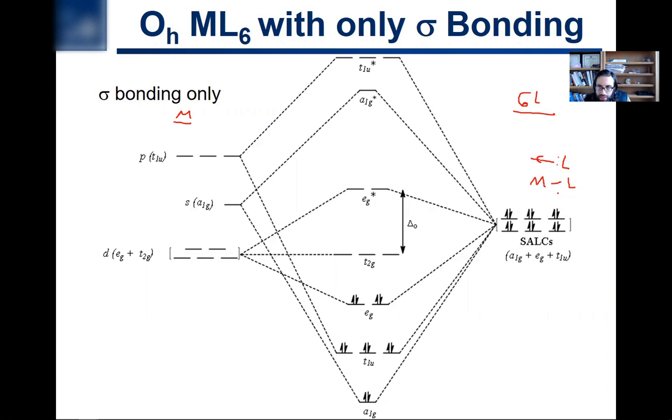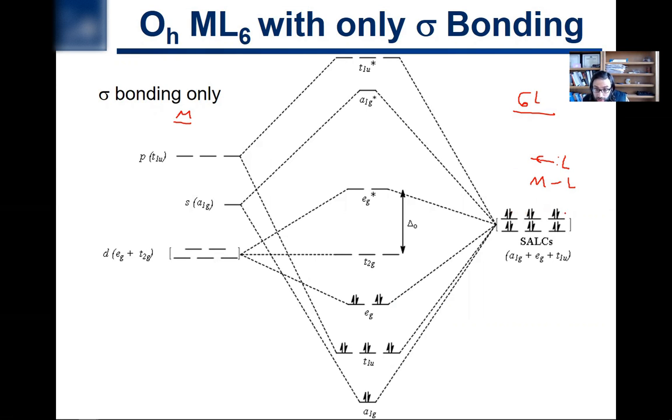So that's what I mean by a sigma bond. Remember, we define a sigma bond as meaning one set of lobes on each atom overlapping, and that still applies here, but in a very simplistic way, you can think about it as just a lone pair on the ligand that's going to go in and attack the metal, right? It's like a Lewis base, Lewis acid relationship, and it's going to make an ML single bond.